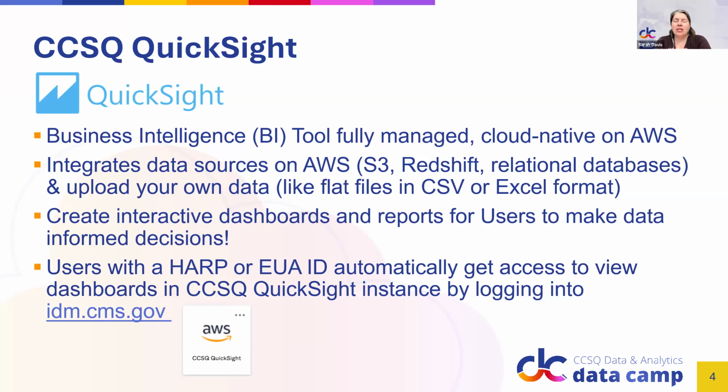We integrate to data sources like Databricks, Amazon, different databases. You can also bring your own flat file data and upload it directly into QuickSight. QuickSight is your standard business intelligence tool. Create visuals, reports, interactive drill down visuals for your end users.